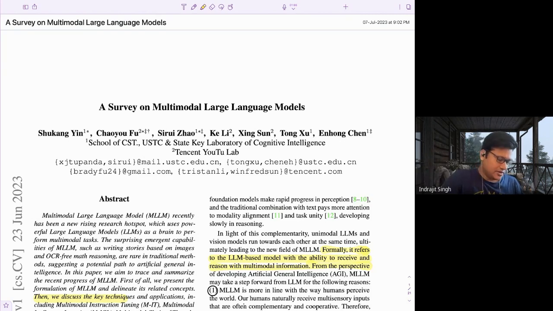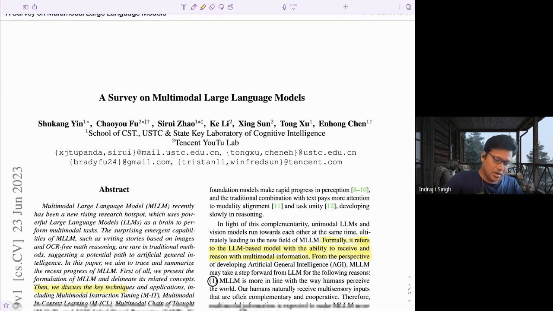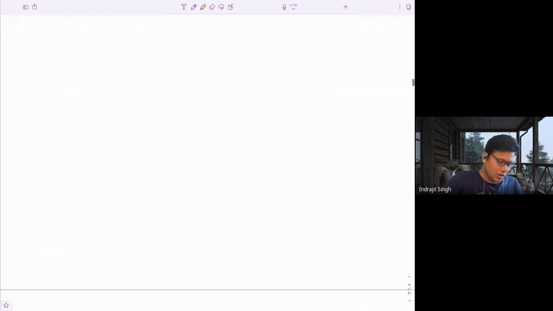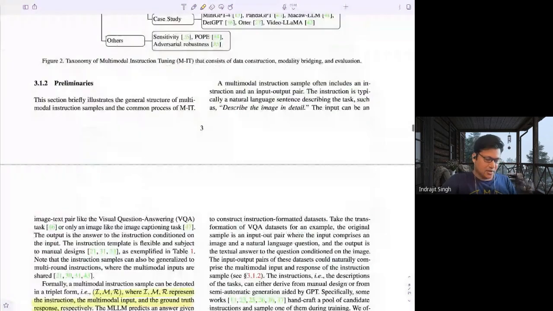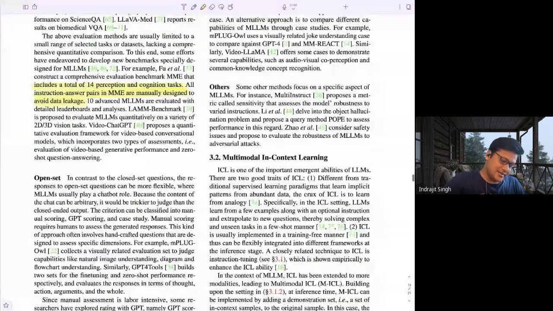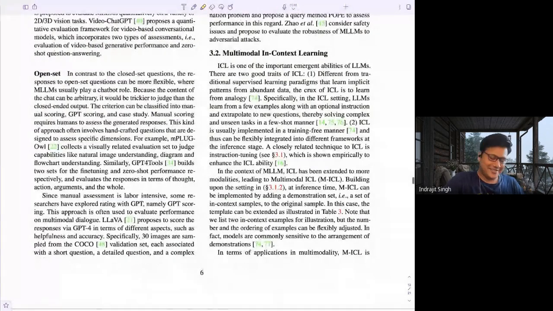Let me walk you through this paper, before we even jump into a single concept, to show where it actually came from and what we are discussing here. This paper has summarized almost 107 papers.